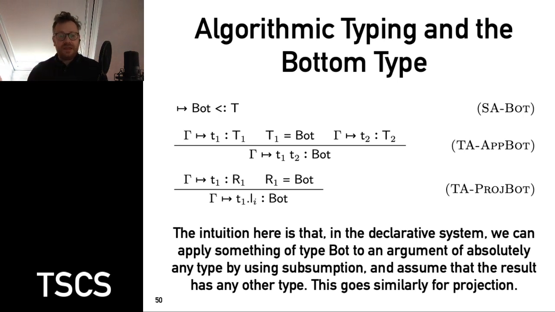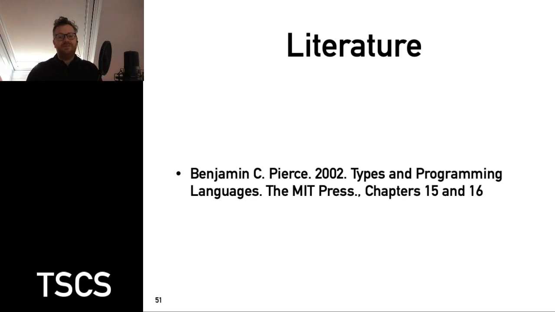Good. Actually, that's it for today. That has been based on chapters 15 and 16 of the book. We will have some exercise about that. There will be a lab about subtyping as well. Is it the next one? Let me check. I think references are the next, but yeah, references are the next.